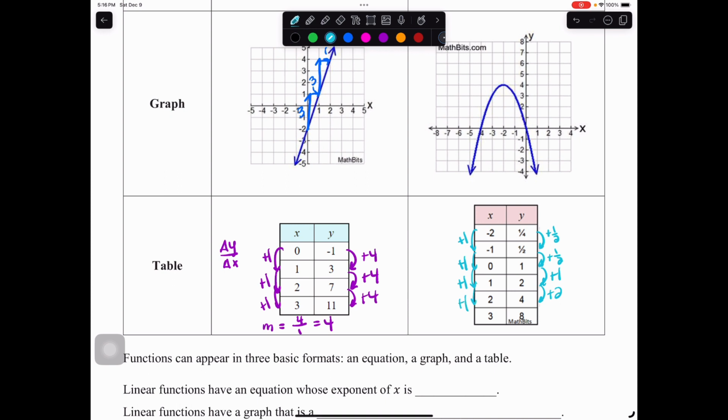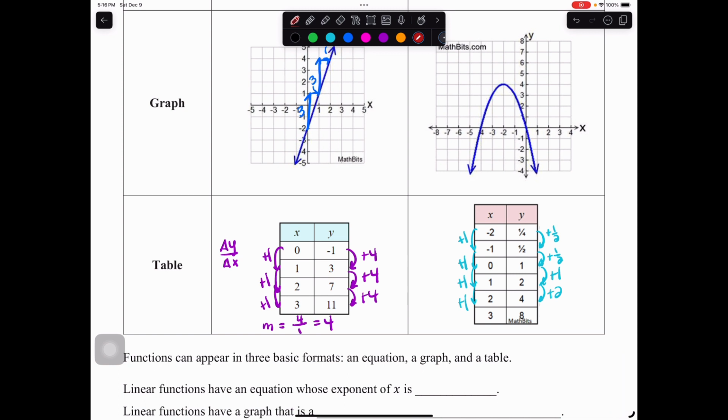So I went from having a rate of change of 1/2 over 1 or 1/2 to 1 over 1, which is 1, to 2 over 1, which is 2. So I don't have a consistent pattern there. Instead, what's really happening here is that we're timesing by 2. And that's not a linear function. We'll look more into what those types of functions look like in the future. But right now we're concerned with whether it's linear or it's not.